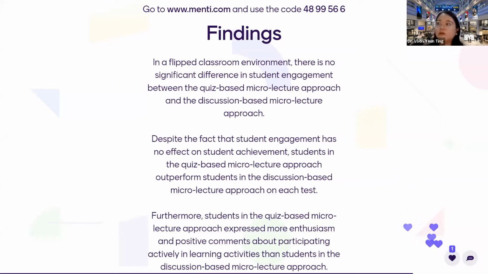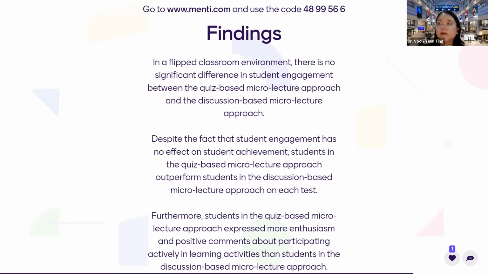Sometimes we hope a result will come out significantly different, right? But when the result is out of our expectation, it means that we can do more in our future research. Furthermore, the students in the quiz-based micro-lecture approach expressed more enthusiasm and positive comments when doing the activity.